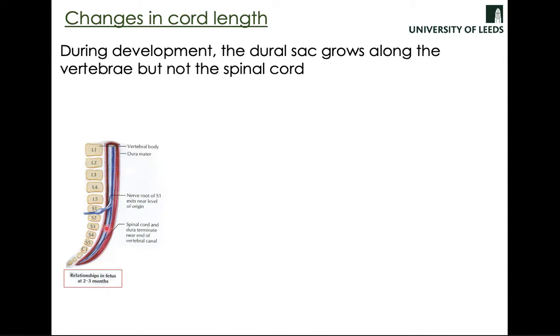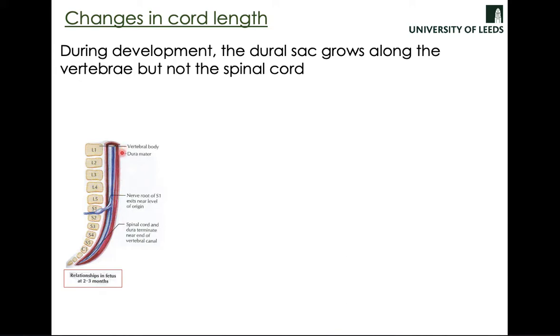We can see that the spinal cord is actually extending all the way along the length of the vertebrae. Let me bring your attention to this S1 vertebra, and this is the S1 spinal nerve root. So it's exiting near the level of origin.